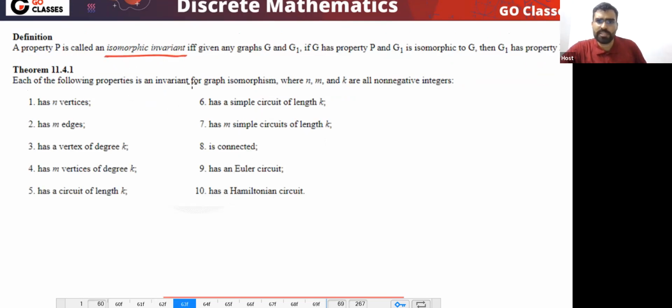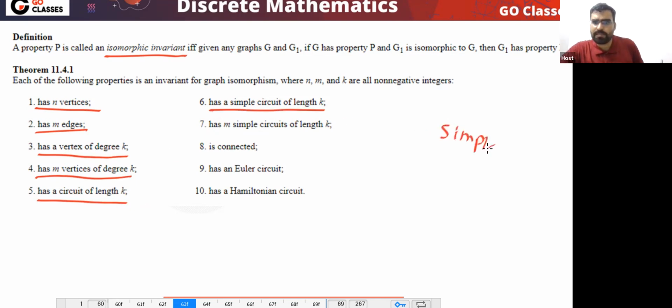Isomorphic invariant, what does it mean? These are the properties which should be the same for isomorphic graphs, like number of vertices, number of edges, maximum degree, minimum degree, has a vertex of degree k, has m vertices of degree k, has a cycle of length k. Has a simple circuit: simple circuit simply means cycle, it is the name for cycle.